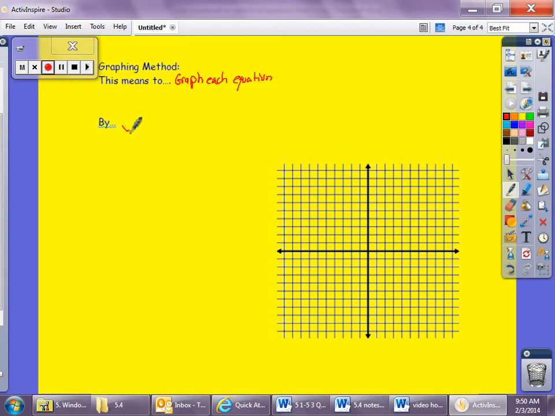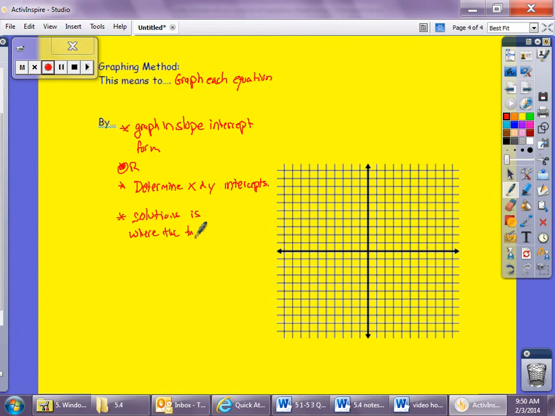We can either graph in slope-intercept form, or we can determine the x and y intercepts, and then the solution is where the two graphs intersect.